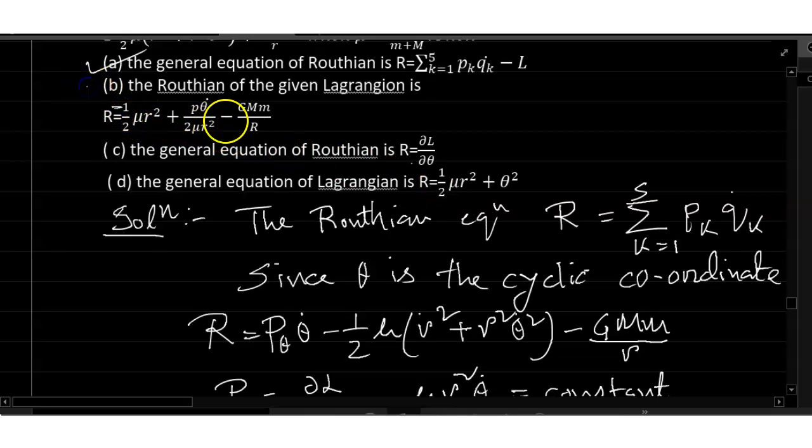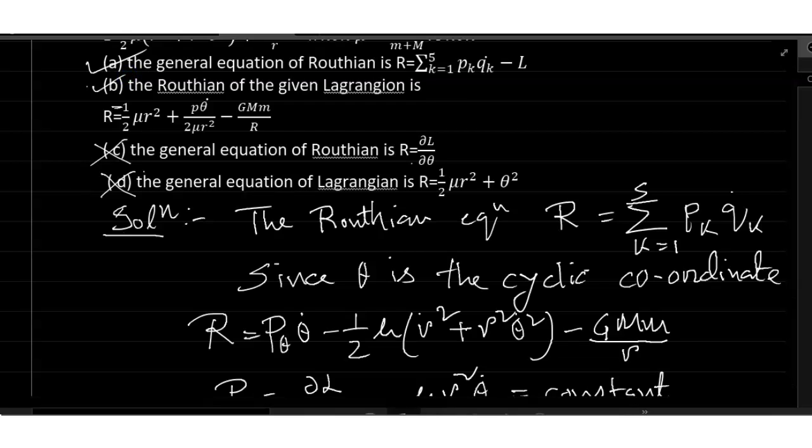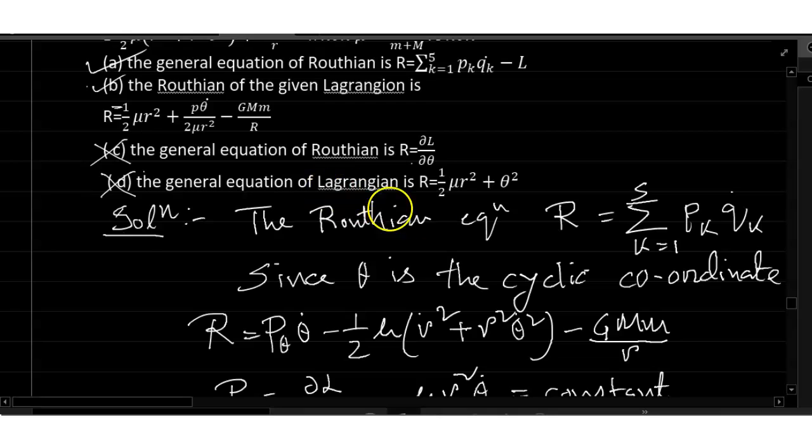This is correct if it is minus. The others are wrong. The Routhian is related to ∂L/∂θ̇, so this is correct; the Lagrangian sign is wrong in the other options.